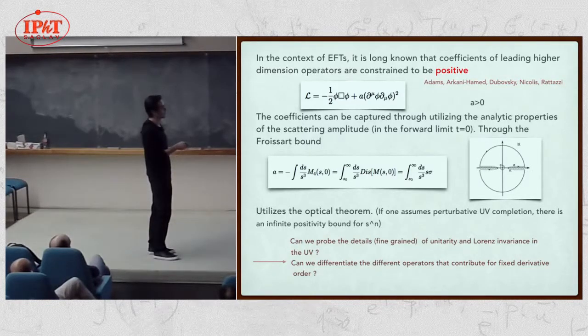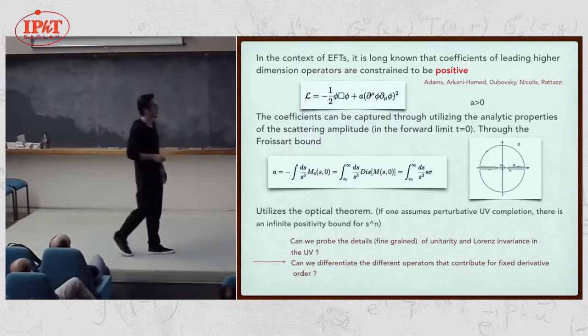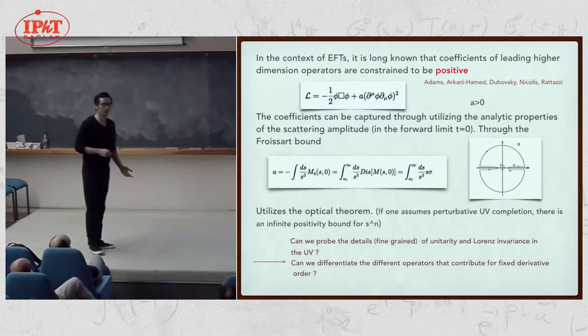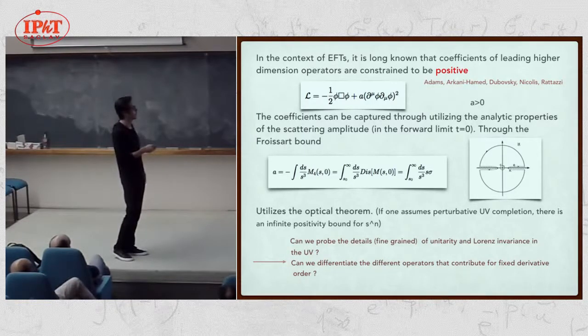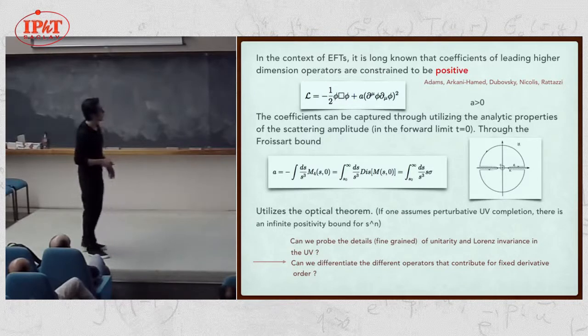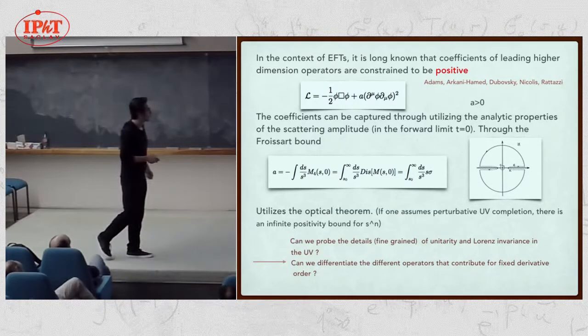Basically what you pick out is just the imaginary part on the real axis, which from the optical theorem, or unitarity, tells you it's the cross section. Therefore this is a definite positive integral, and then you have a definite constraint on this coefficient. So basically this utilizes the optical theorem.